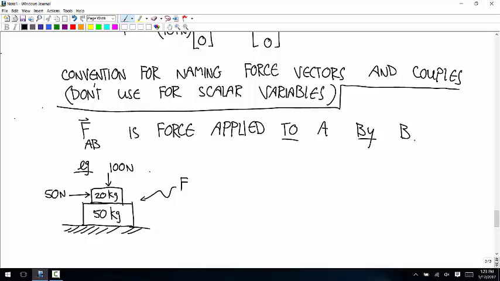And there's a friction contact between the two boxes and a friction contact between the bottom box and the ground.